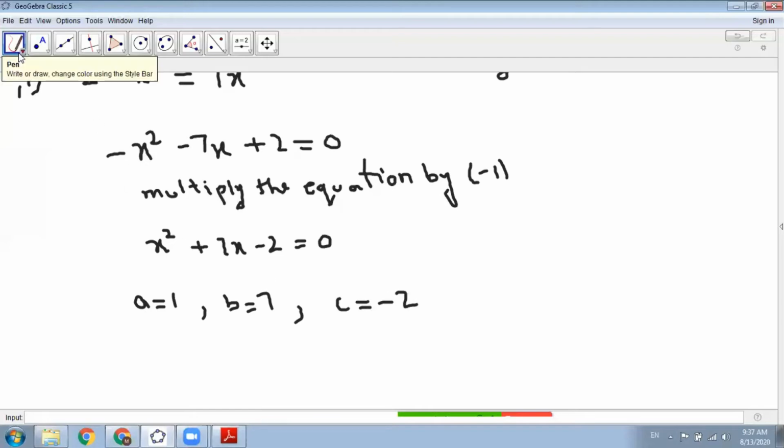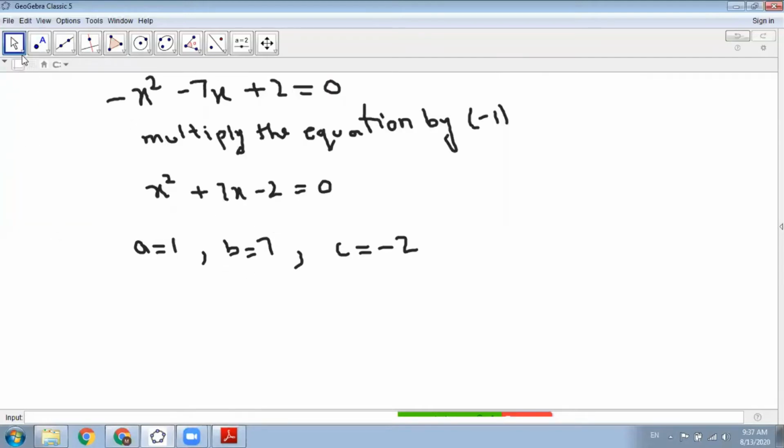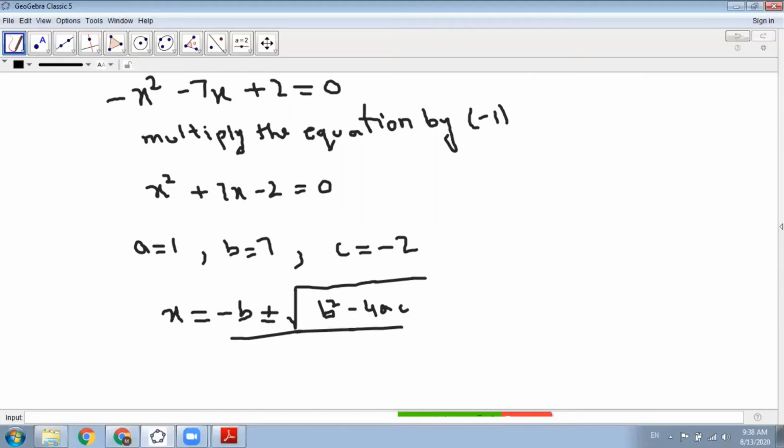Now we write the quadratic formula, that is x equals minus b plus minus under root b square minus 4ac over 2a. Now we place the values of a, b, and c in the quadratic formula.